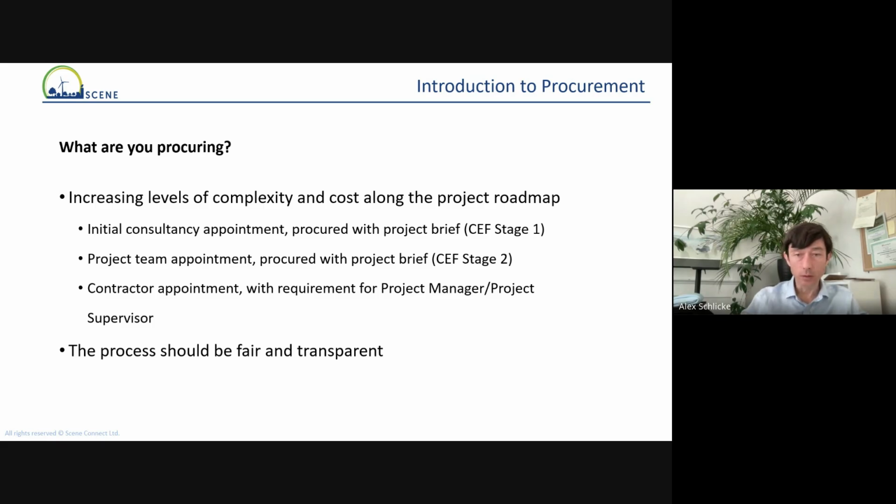Now, that's not just reflecting the values that you'd want to see deployed as a community energy organization, but it's about being fair to the people who you're inviting to tender, and certain aspects of procurement, like involving public partners, it would be a legal requirement that it's fair and transparent, and so you should adopt good principles from the outset. So how do you actually go about doing that? Well, Reese, can you just put the next slide on, please?